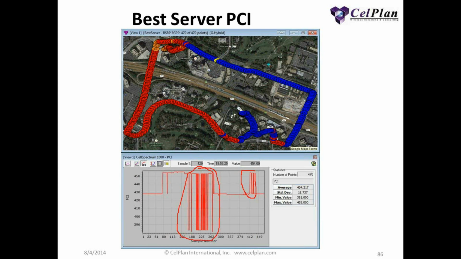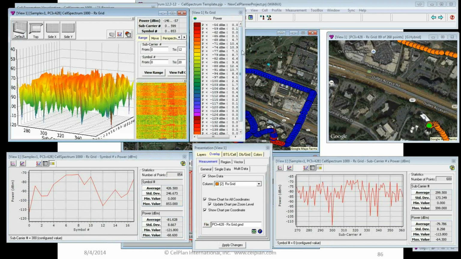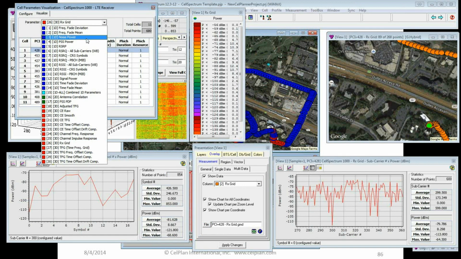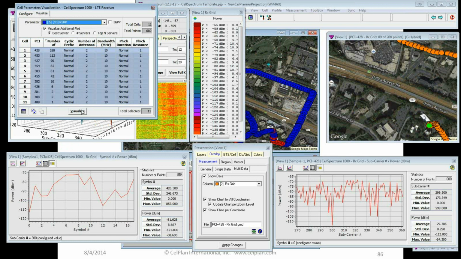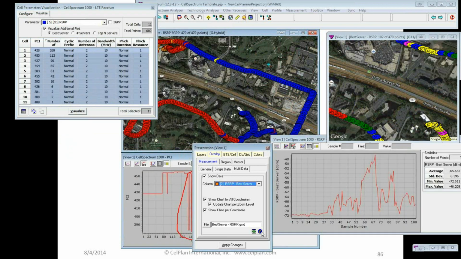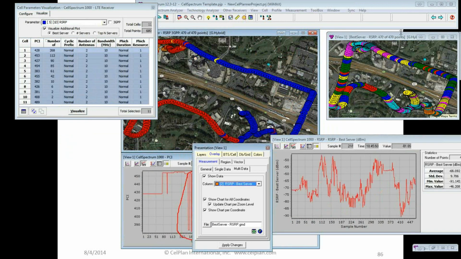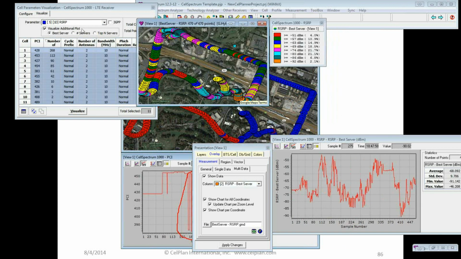So let's see if I can show you this in the tool very quickly. Let me see, I go here, I say I want to look at the RSRP, and I say visualize, and I click here, and I bring this screen here.